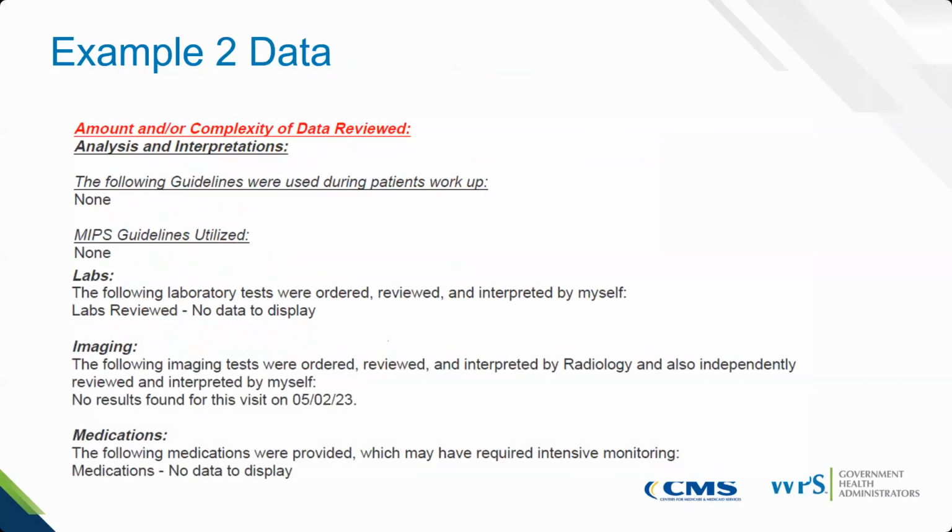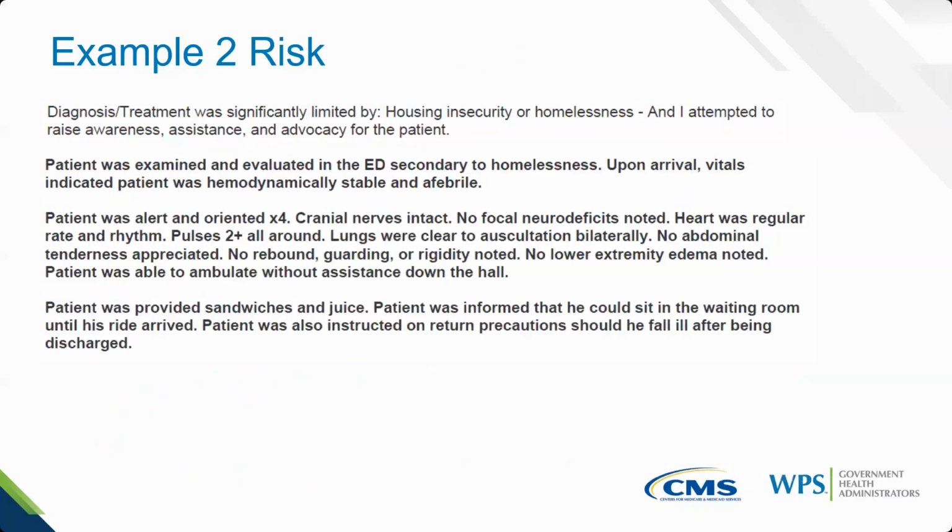Under the data, as you look through this, we have no data that has been ordered. We have no data that has been reviewed for this particular patient for this encounter. Then we have the information on risk. And as you can see here, we can really see what happened here.